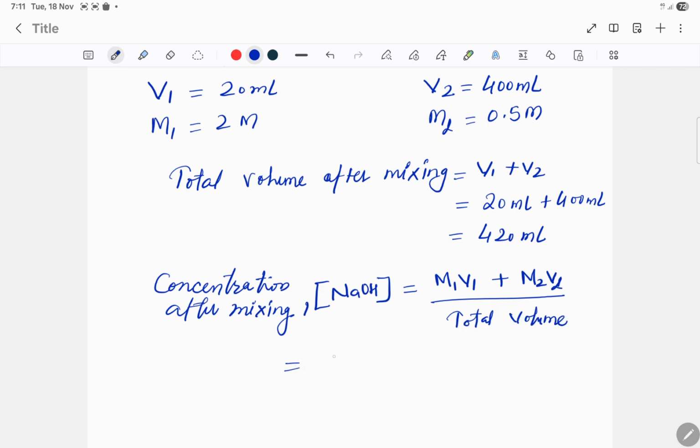Once again, it becomes M1 V1 plus M2 V2 divided by V1 plus V2, the total volume.